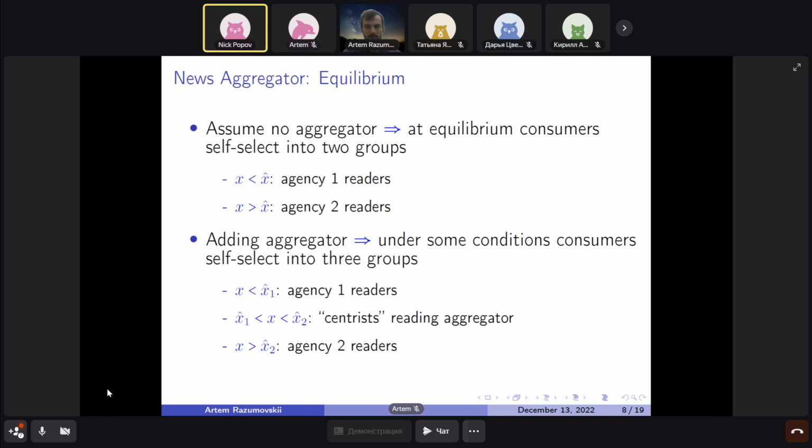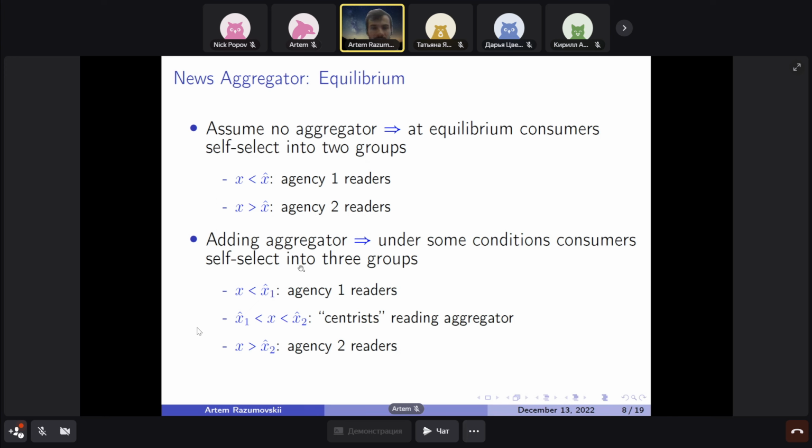We have before one indifferent agent somewhere between 0 and 1, and then we have two of them: the one indifferent between agency 1 and the aggregator, and the one indifferent between the aggregator and agency 2.